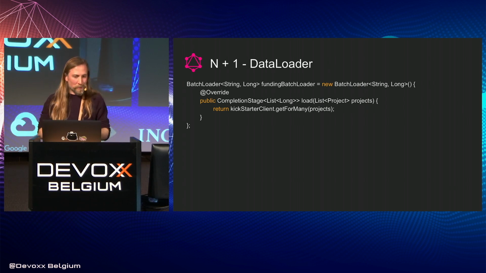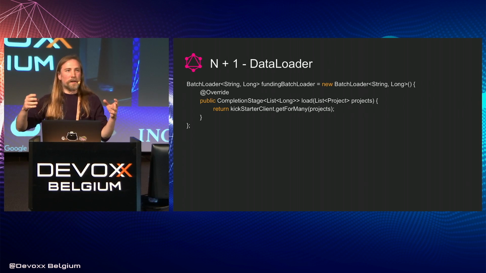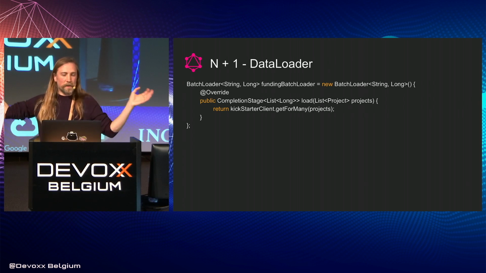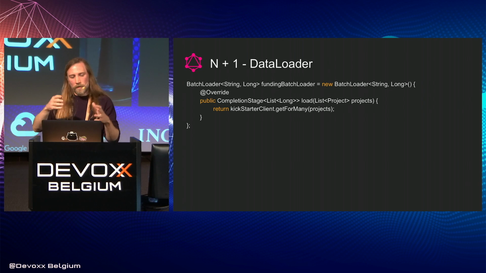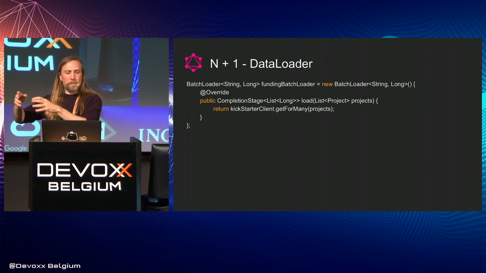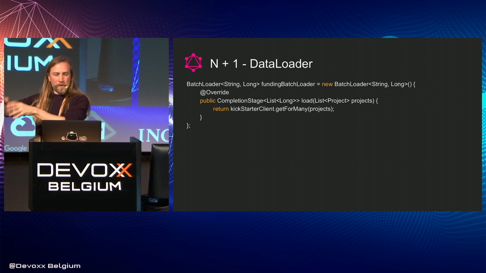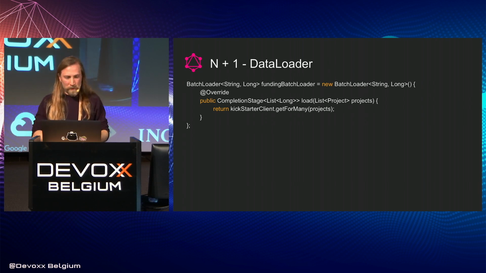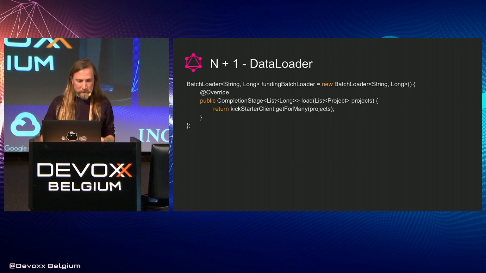Or it's much simpler if you're talking about a database, where you would just say, for example, select from funding where project ID in and then just list the IDs, and that would be batch loading it. That's a very simple style of how to do that.